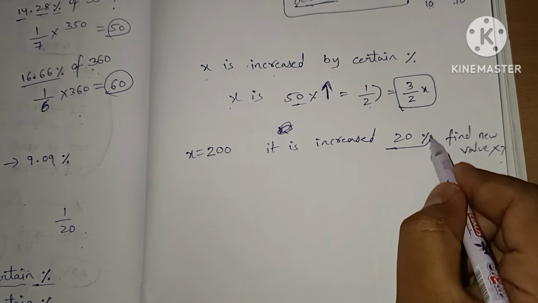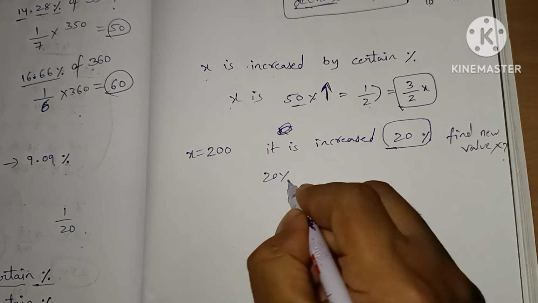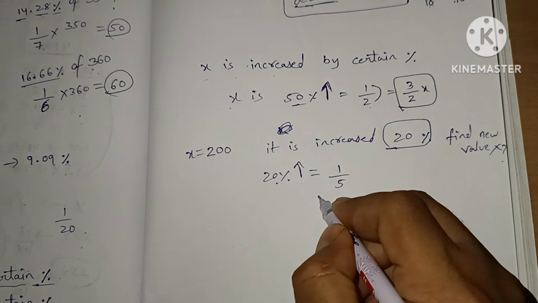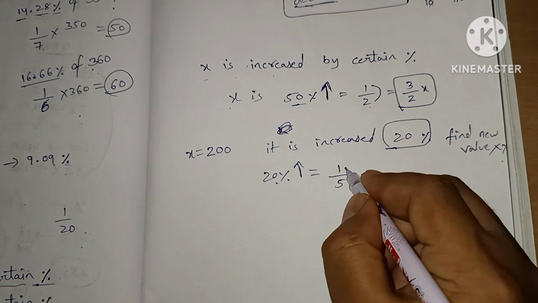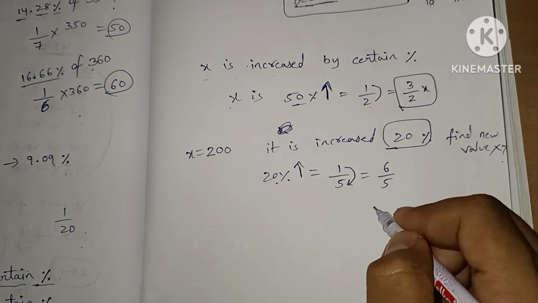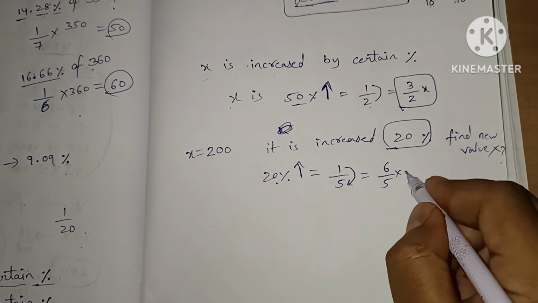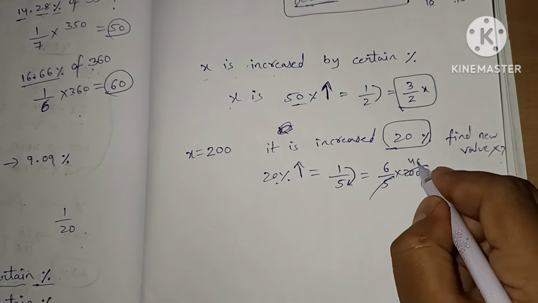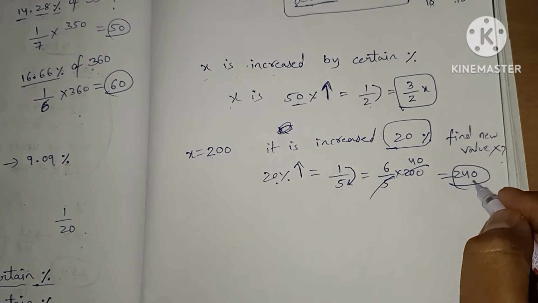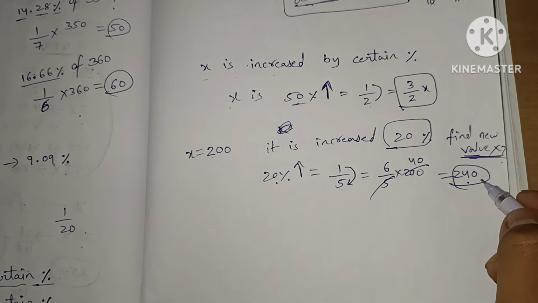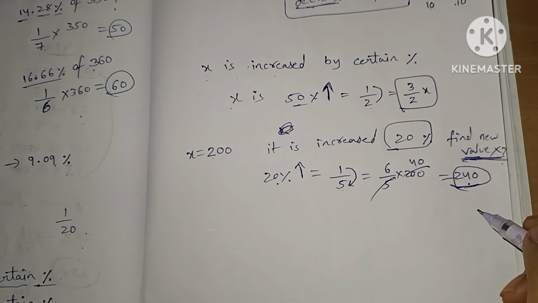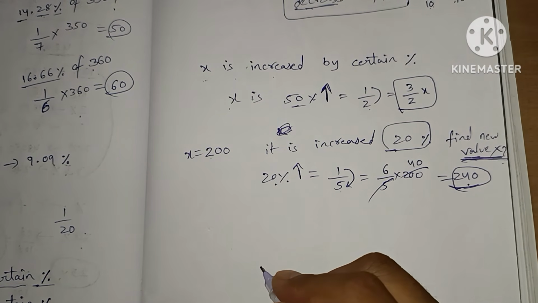Here 20 percentage is given, 20 percentage increased. 20 percentage is nothing but 1/5. 1/5 increased means we add 1 to 5, we get 6/5 of 200. 5 40 times, we get 6 4 times, 24 and 0. This is the answer we get. The new value of x is 240.